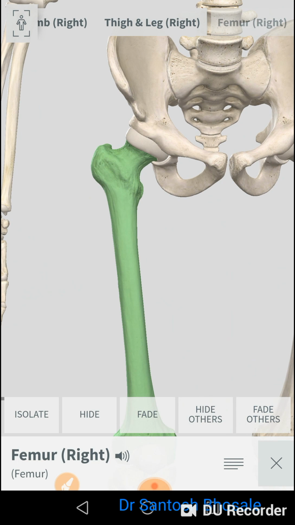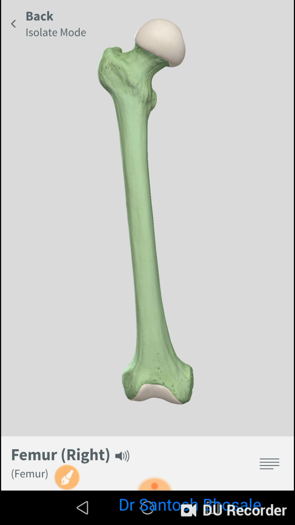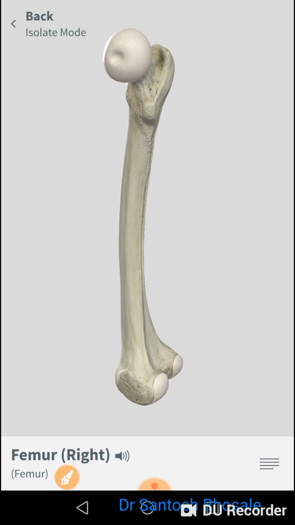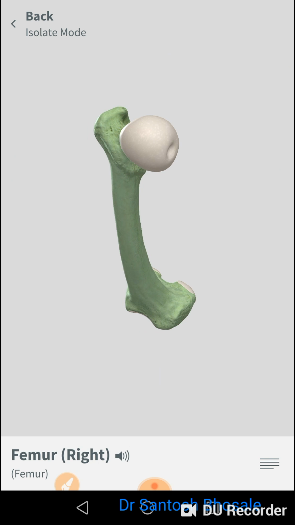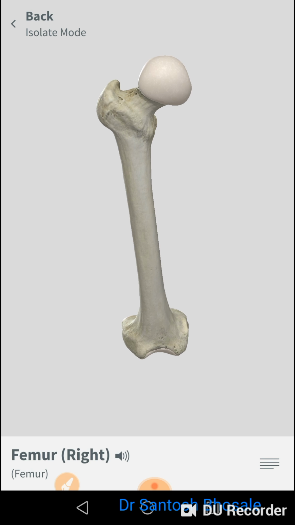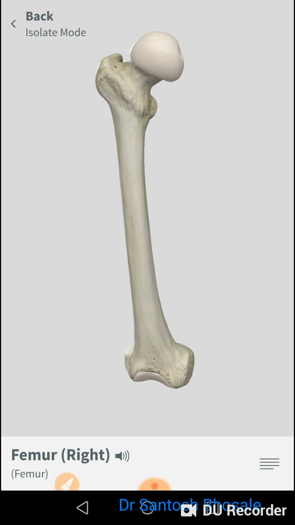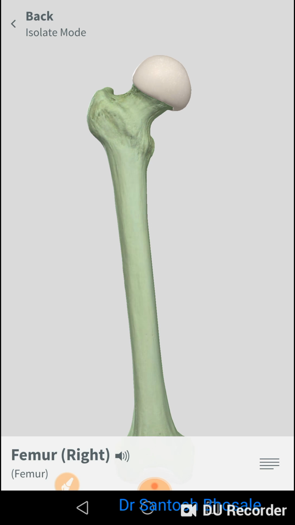Here you can see the direction: medially, upwards and forwards, and if you see here, this is the Fovea Capitis. The entire head is covered by articular cartilage, which is thick in the center, thin at the periphery.